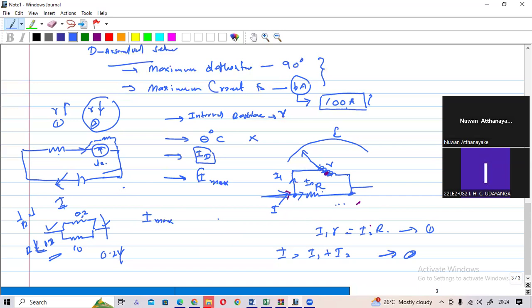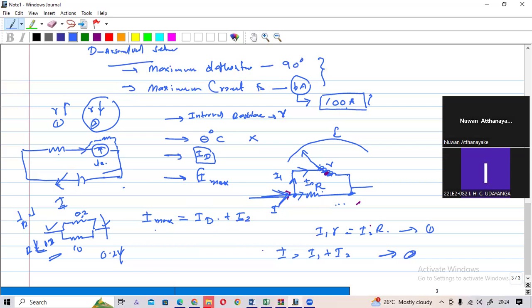So the maximum current that can be going through this D'Arsonval setup is ID. So when this current I is maximum, that is equal to ID. At that time, the maximum current is flowing through this cable also. So this Imax is equal to ID plus this current, that is I2.